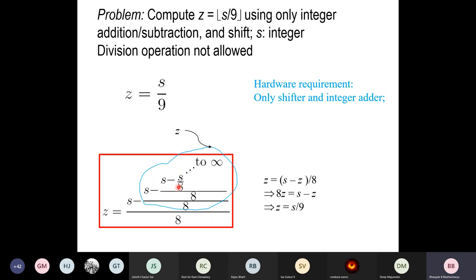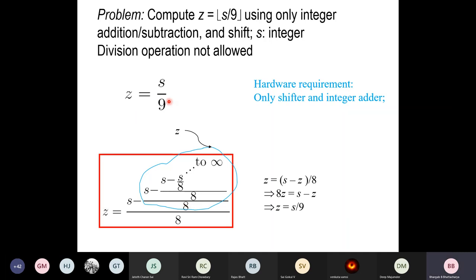Then I again shift by 3 bits towards the right, do the subtraction, and iterate this process a couple of times, and that would approximate this. So instead of repeatedly subtracting, this hardware needs just a shifter and an integer adder. This would converge much faster.